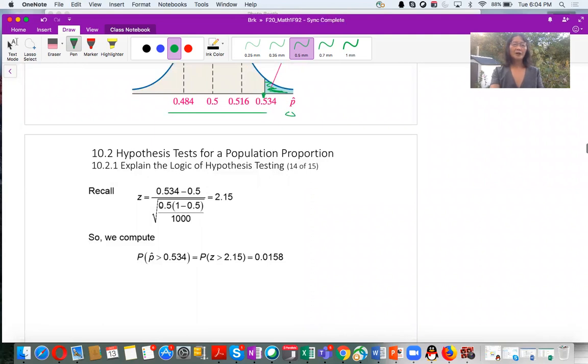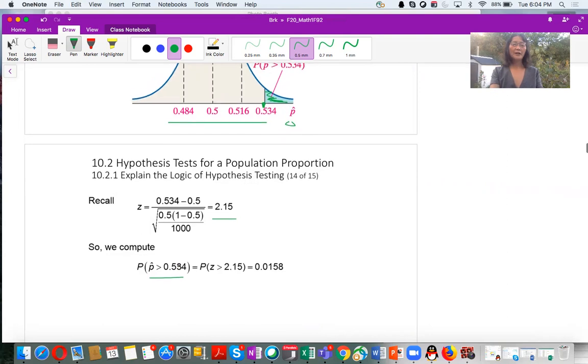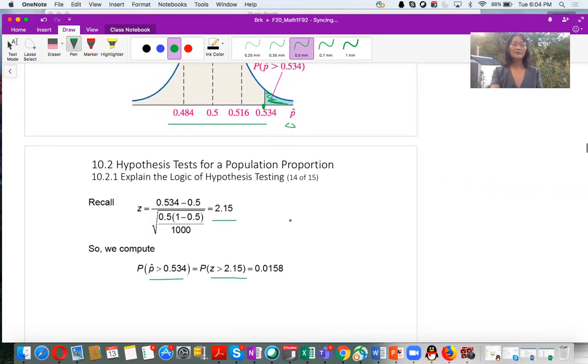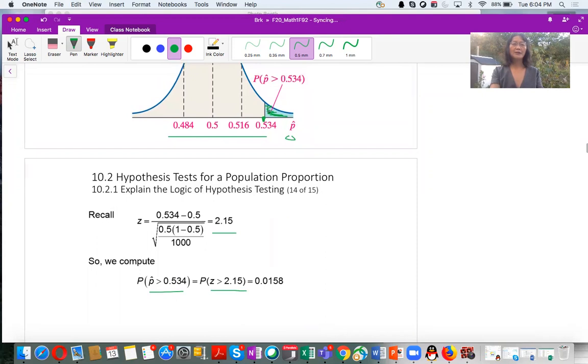So recall we get this z-value 2.15. So p hat greater than 0.534 is the same as z-value greater than 2.15. This probability, they both refer to this area to the right, and you get 0.0158.